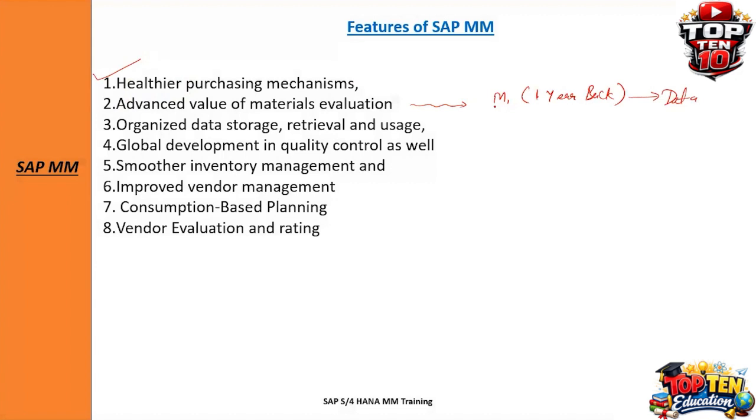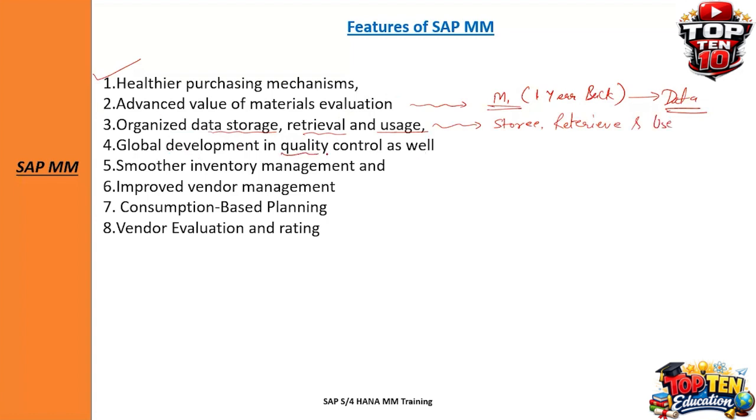So we can say the valuation of the materials we are doing using SAP ERP is at high efficiency. Organized data storage, retrieval of the data and use of the data. Whatever data we have, we are storing it, we are retrieving it, and also we are using it.